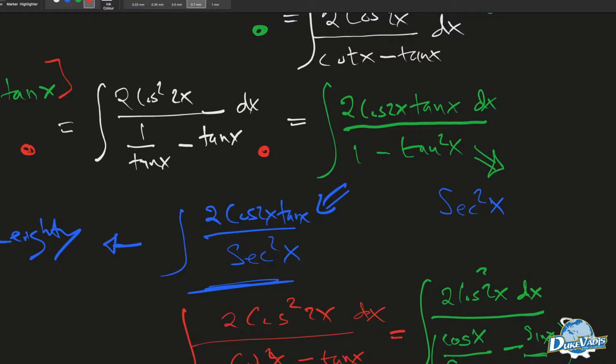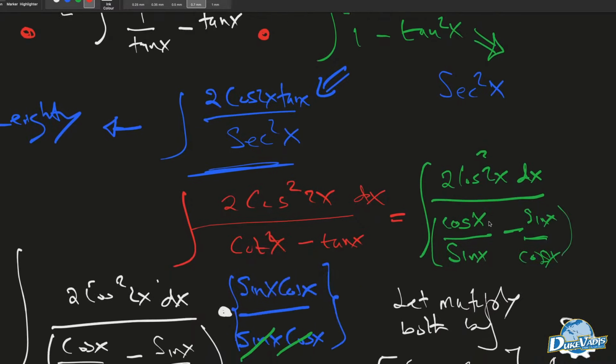Then that gave us 1 minus tan squared x as a denominator. Then our numerator became 2 cos 2x tan x dx. And we know that 1 minus tan squared x will give us tan squared x. That wasn't going to help us at all.